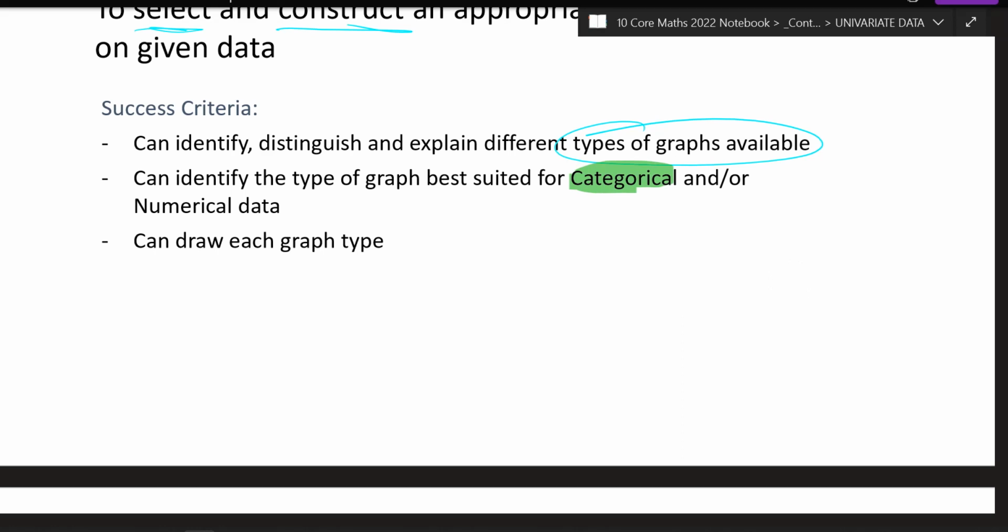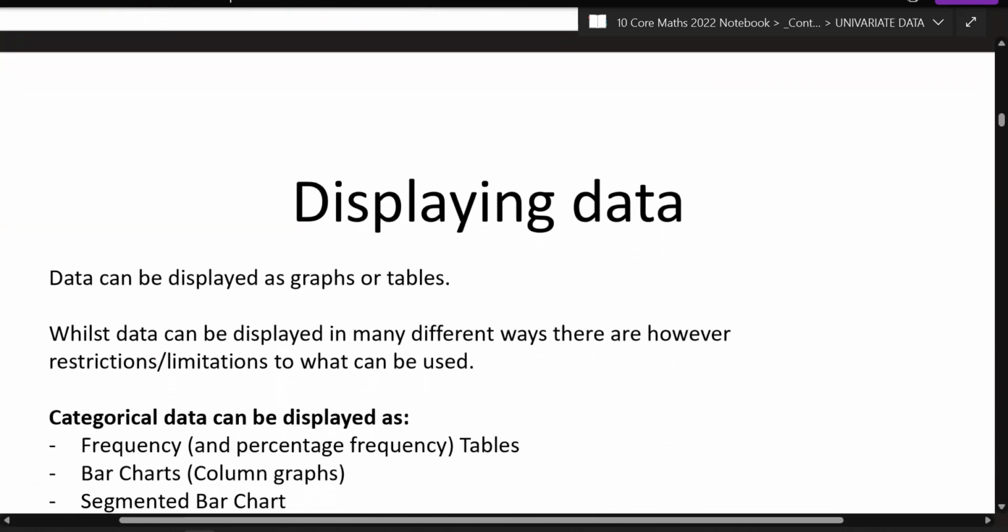And obviously be able to draw and graph them. So I hope you can identify what kind of data this is, choose the kind of graph you should use to display the data, and then draw that graph. Really straightforward.